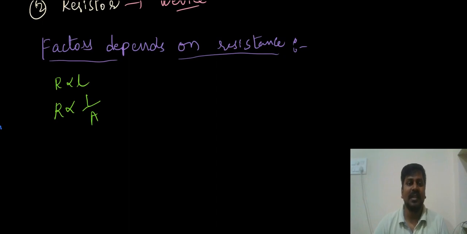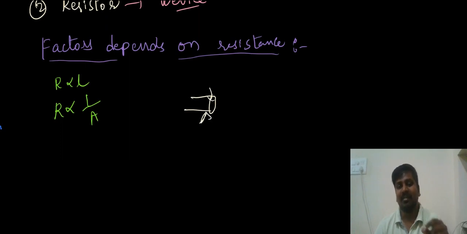If you take a hose pipe, normally water comes out from it. When you apply a little pressure on it, the area decreases, so the resistance will be more.